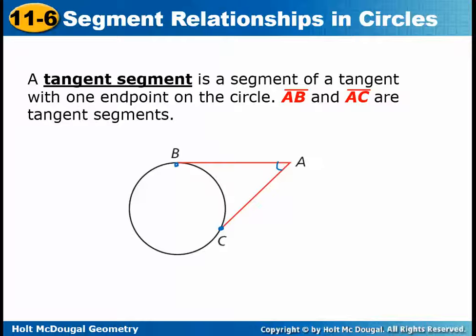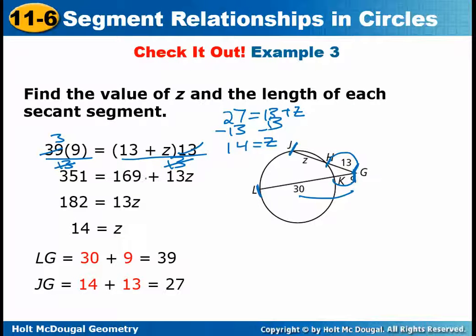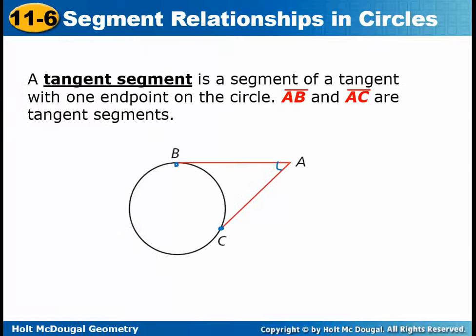And you might expect that this is going to be a pretty similar theorem as the other one. However, it's all external. In the secant ones, part of the segment was inside the circle, and we had to take the whole thing times the external. Well, it turns out with tangent, we do the same thing.